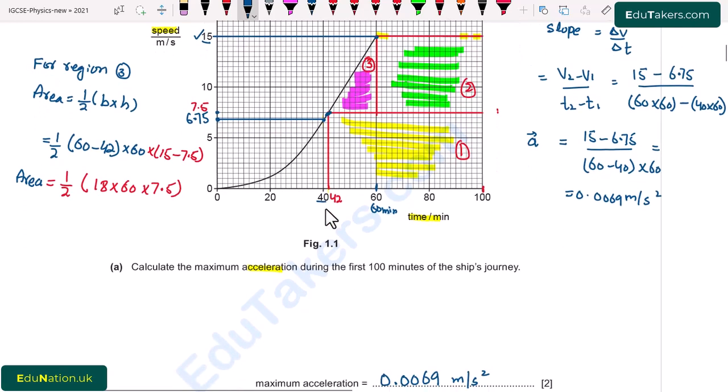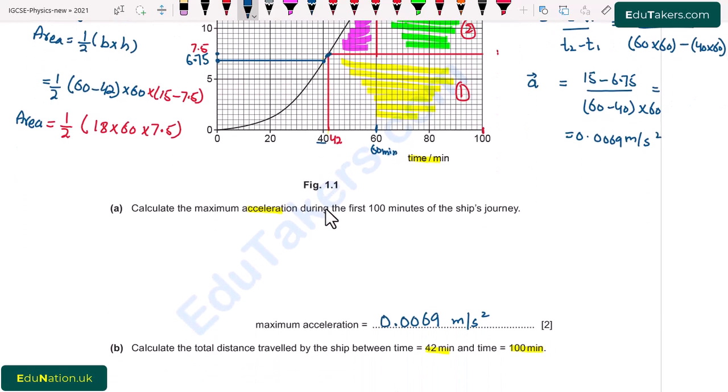For that we can see that these are rectangles and we have to find out the area of a rectangle. It will be equal to base multiplied by height. For region 1, area will be equal to base multiplied by height. We can see that it is 100 and at this point the time is 42.